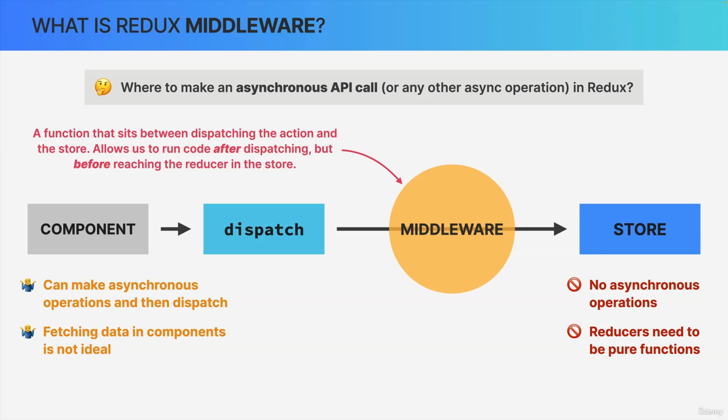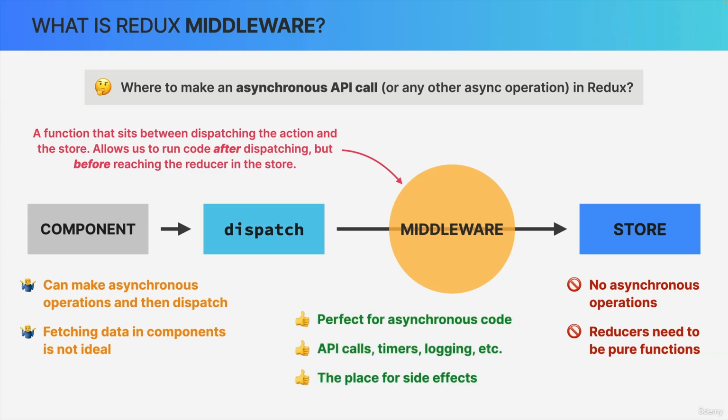But with a middleware, we can do something with the action before that action actually gets into the reducer. And therefore, this is the perfect place for our asynchronous API call, as well as other operations, such as setting timers, logging to the console, or even pausing and canceling the action altogether. So, in essence, middleware is the go-to place for side effects in the Redux cycle.